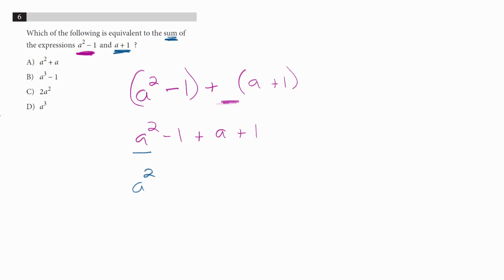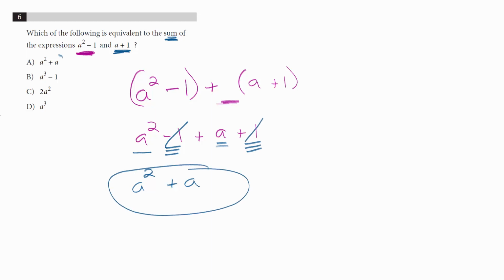The next lowest exponent is positive 1 on this term, and there's no other term like it, so we have plus a. Then we have negative 1 and positive 1, which cancel. And that only leaves us with a squared plus a, which means that answer A is our answer.